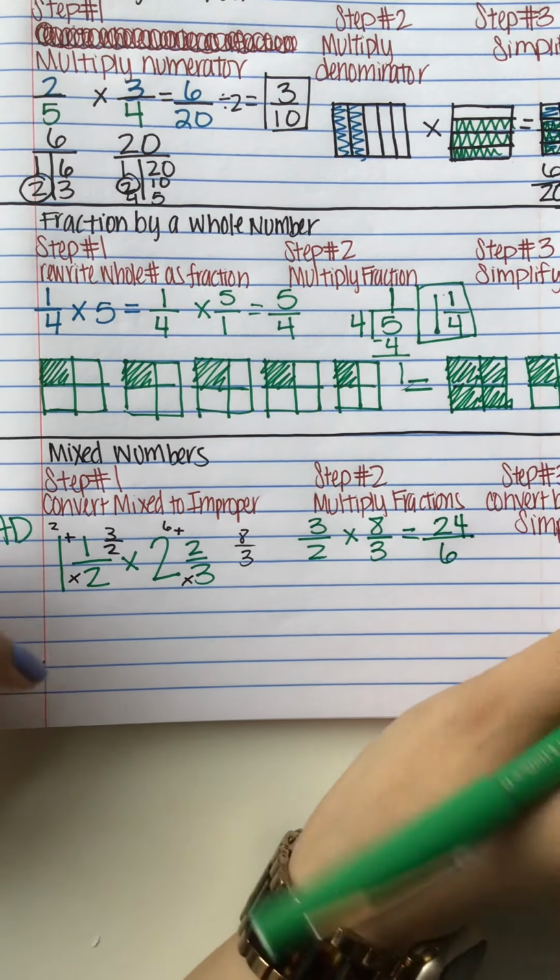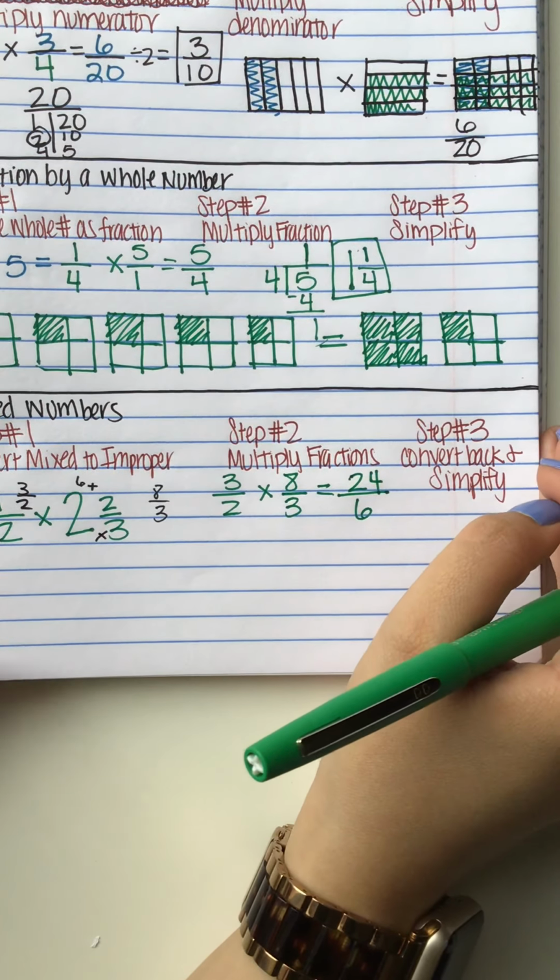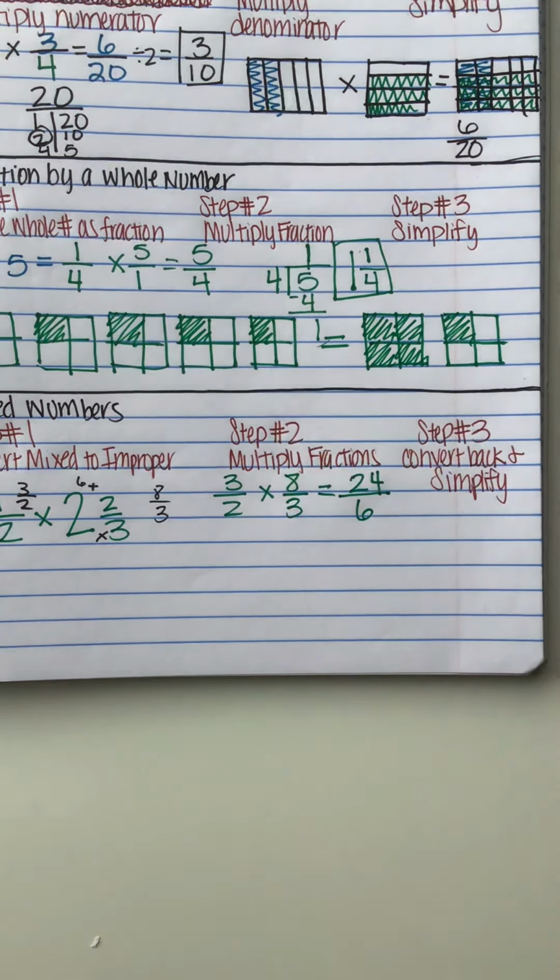Okay, and the last step says convert back. So I'm going to convert my now improper fraction back into a mixed number. And as we've talked about before, I change my improper fractions into a mixed number by dividing.